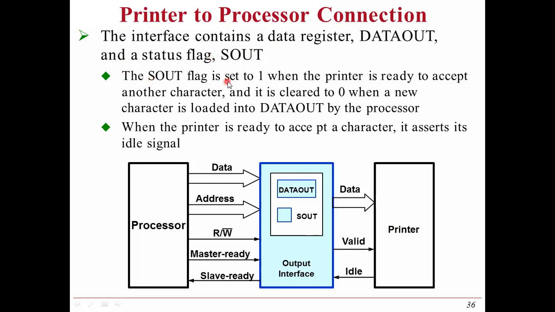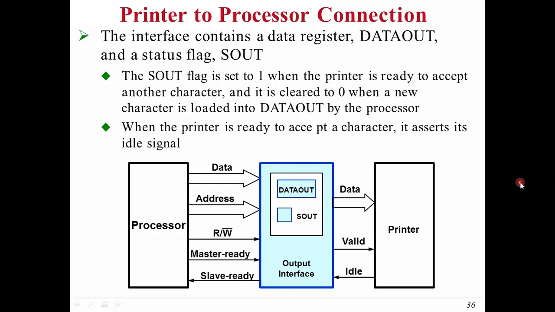The S out flag is set to 1 when the printer is ready to accept another character, and it is cleared to 0 when a new character is loaded into data out by the processor. When the printer is ready to accept a character, it asserts its idle signal. So in this way, the data will be transferred from this processor to the printer.